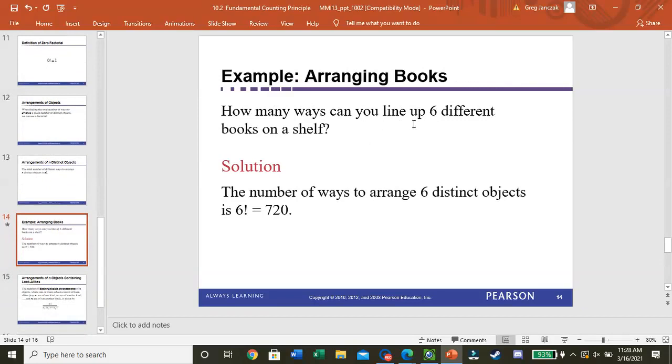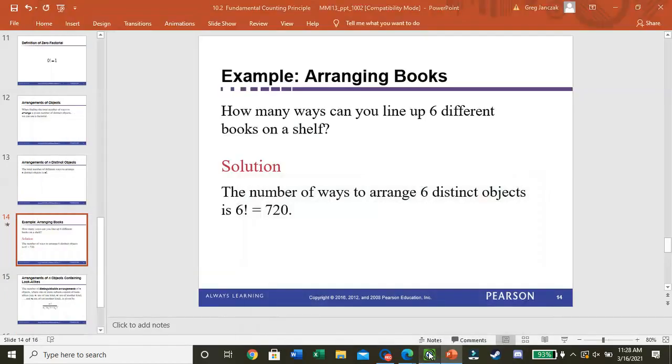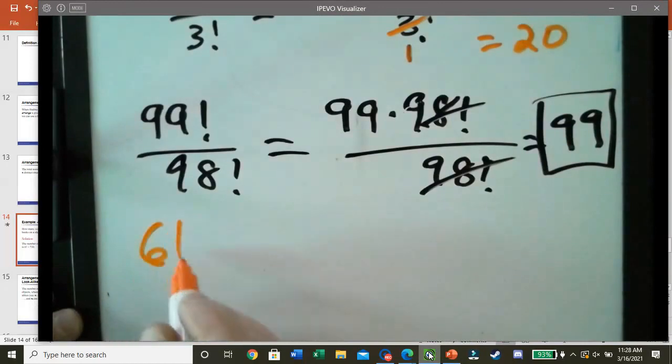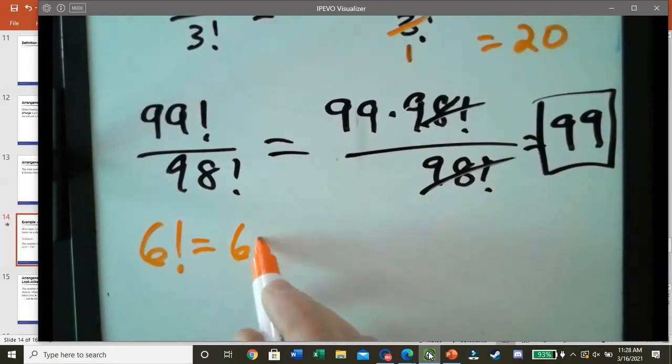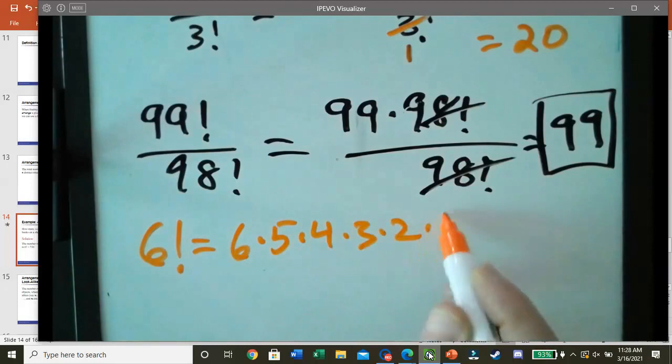How many ways can a lineup of 6 different books be arranged? So we're talking about books this time instead of seating arrangements. So we're talking about 6 factorial, different ways of arranging the books. That's 6 times 5 times 4 times 3 times 2 times 1.